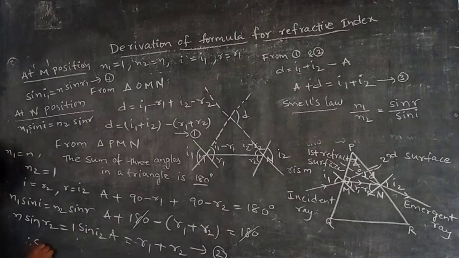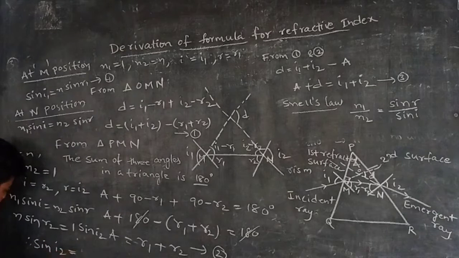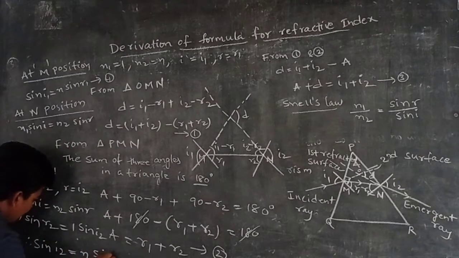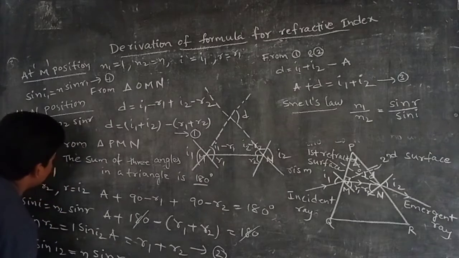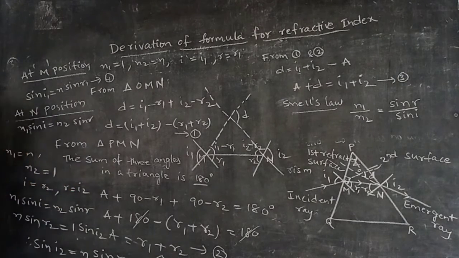Therefore sin I2 is equal to n sin r2. This is equation number 5.